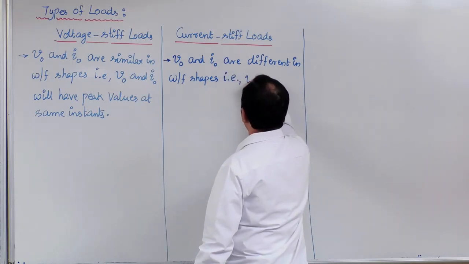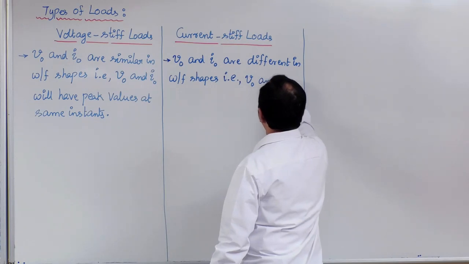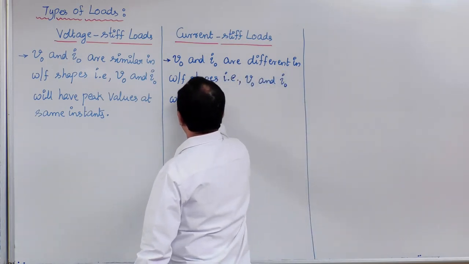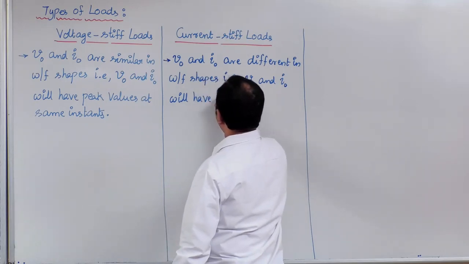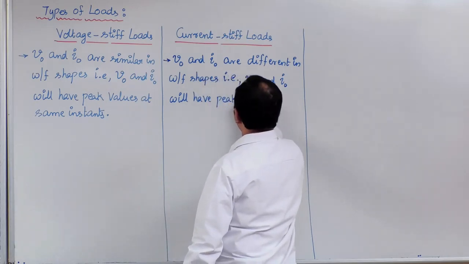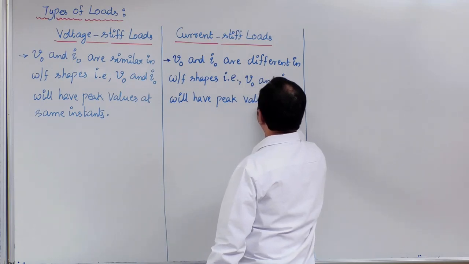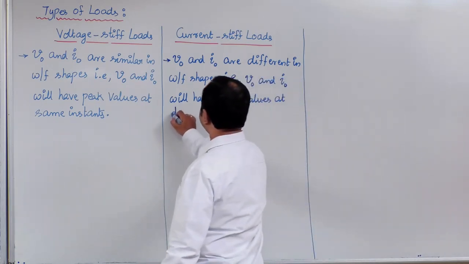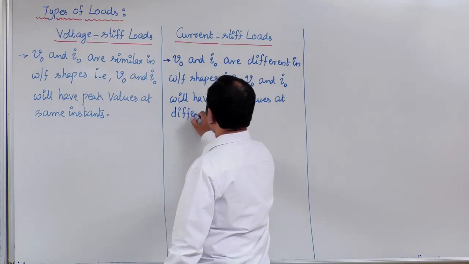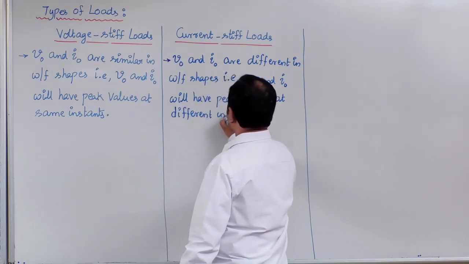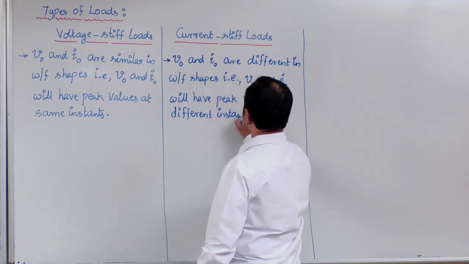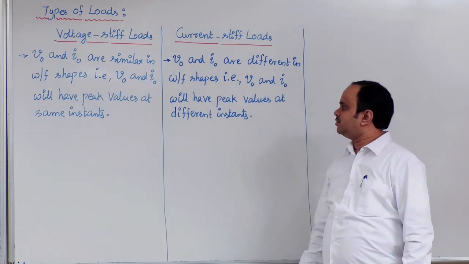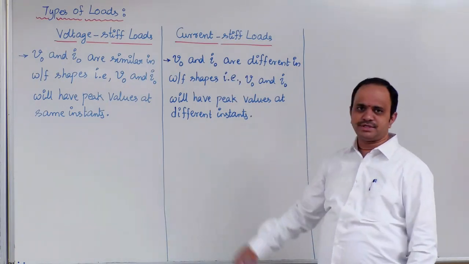That is, V0 and I0 will have peak values at different instants. Okay, V0 and I0 will have peak values at different instants.